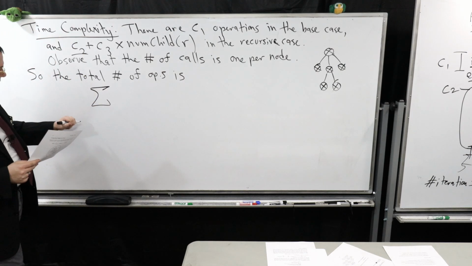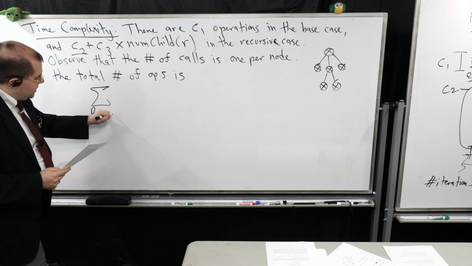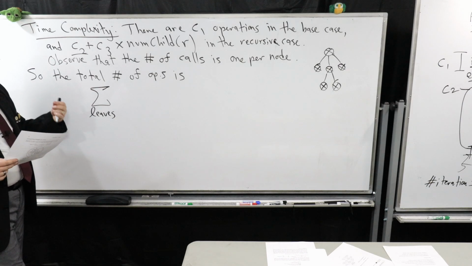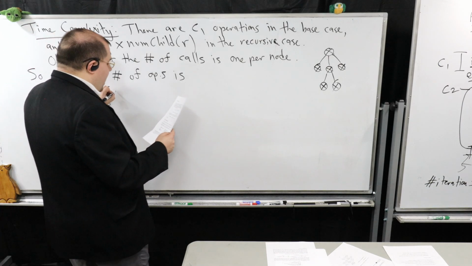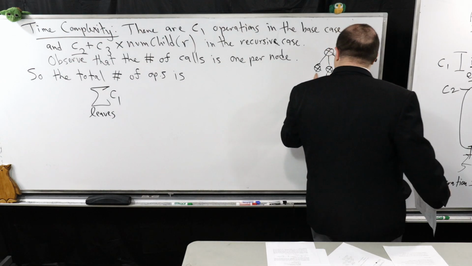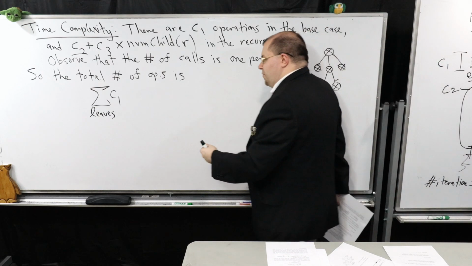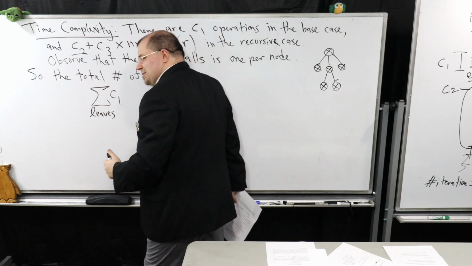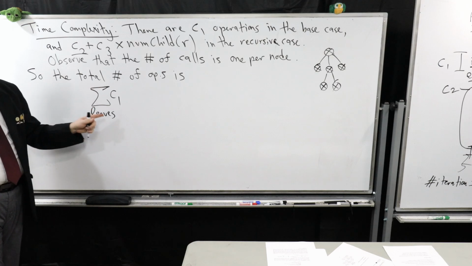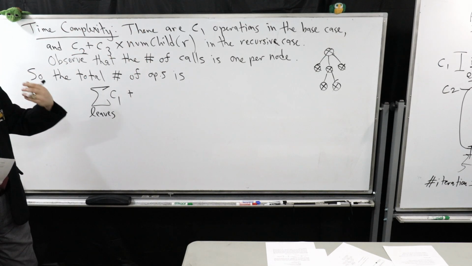I'm going to sum over all of the leaves in the tree. For each leaf node that's in the tree, I'm going to add C1. For example, if I had this tree, notice I have 1, 2, 3, 4. That means I'm summing over 4 nodes. So I would do this sum 4 times. I have C1 plus C1 plus C1 plus C1 for each leaf node in the tree. Because those are all my base cases, right? When I hit a leaf node.